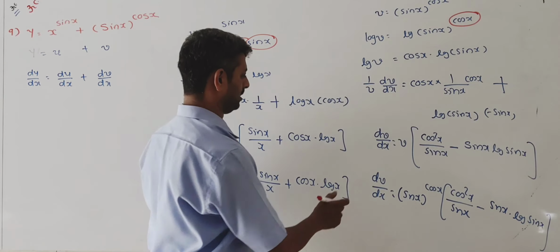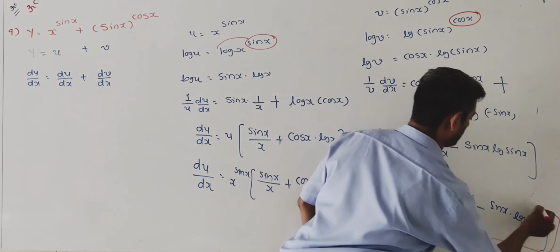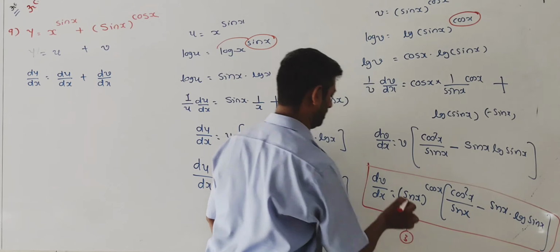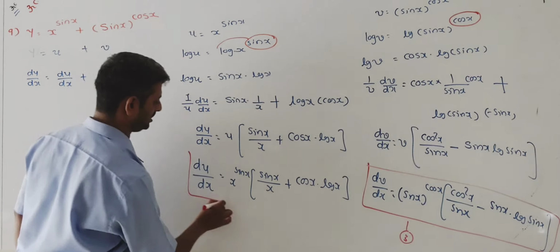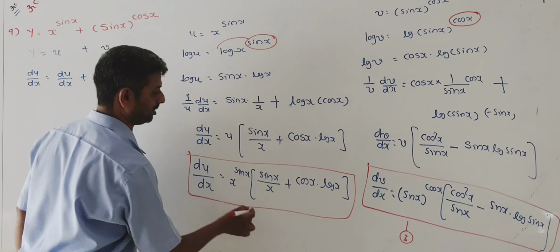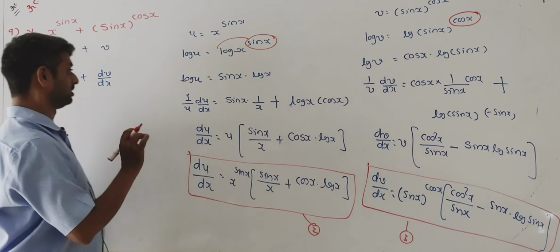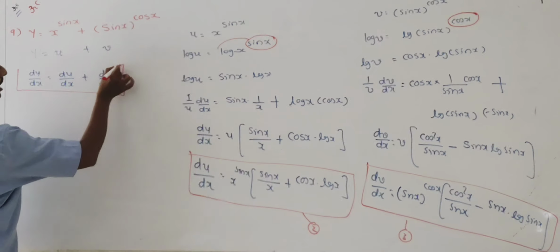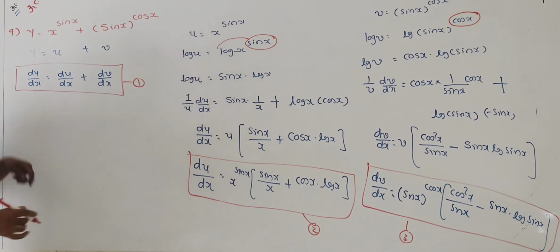Now this is my equation number 3, and this is my equation number 2. These 2 and 3 we have to put in 1.